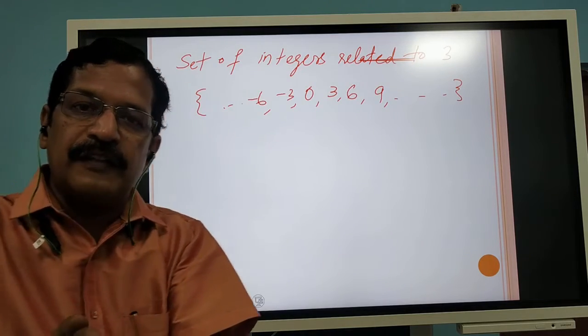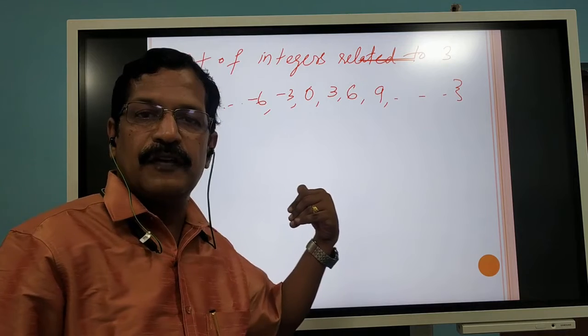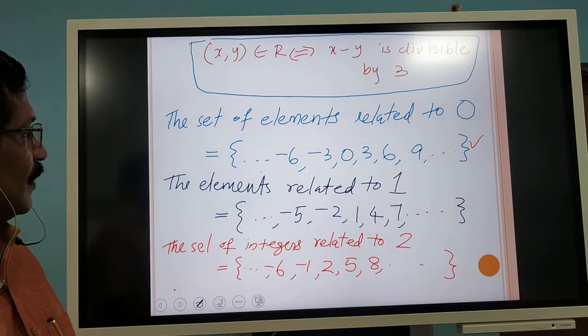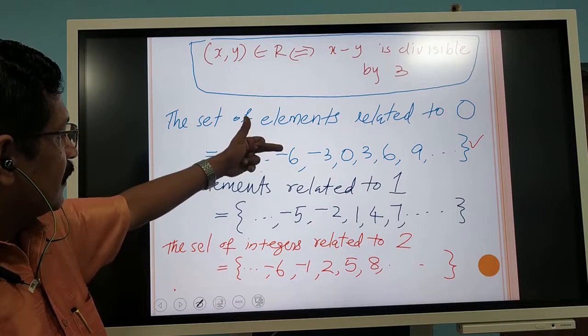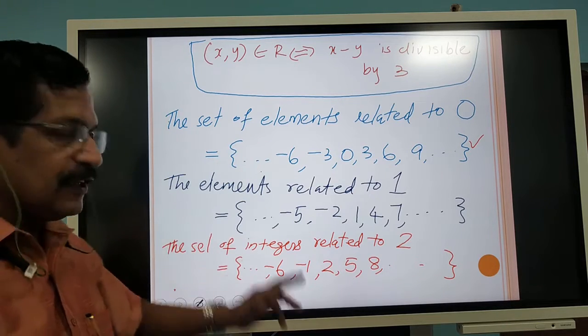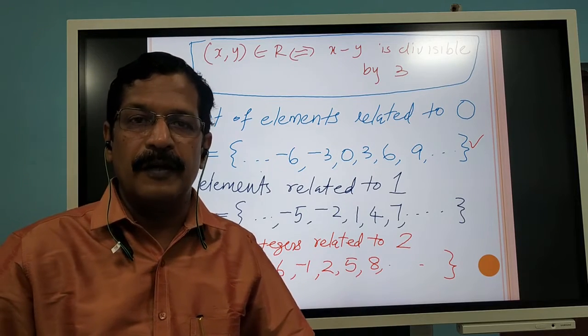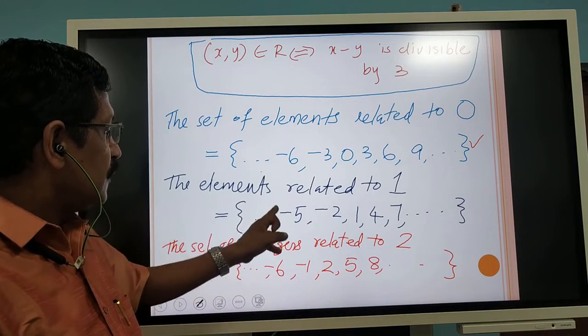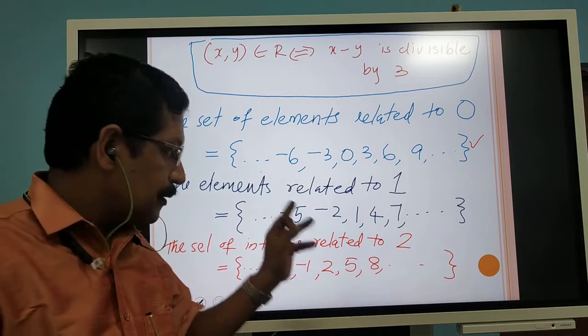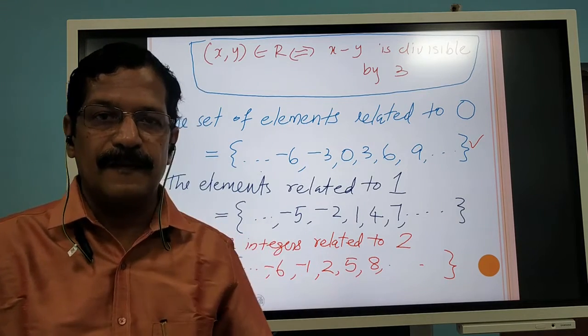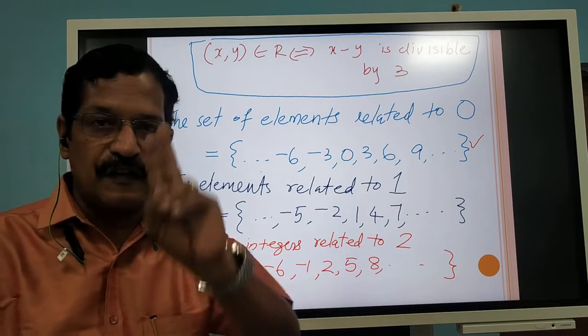So if you continue like that, you will get the same sets only. Now what we got? Whether any element is common here in this set? No, there is no element in common. So these 3 sets are mutually disjoint sets, pairwise disjoint.